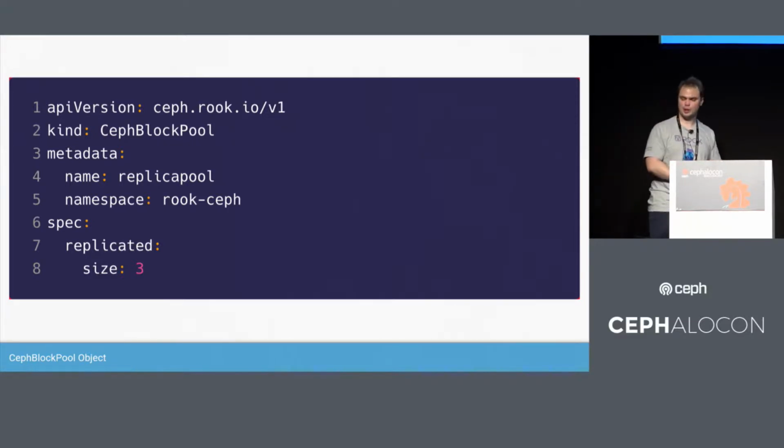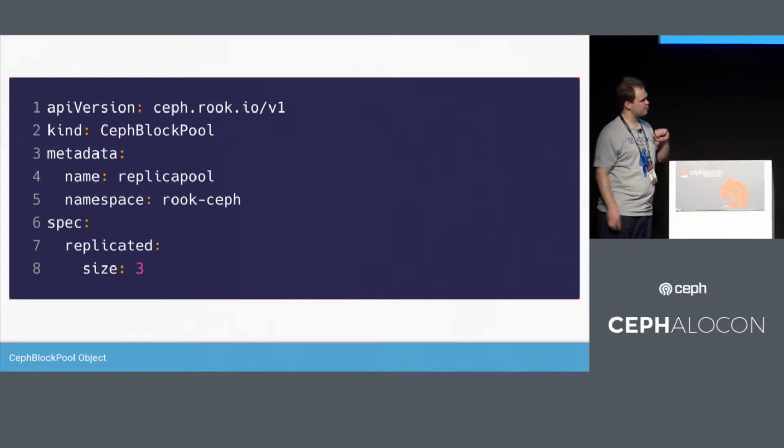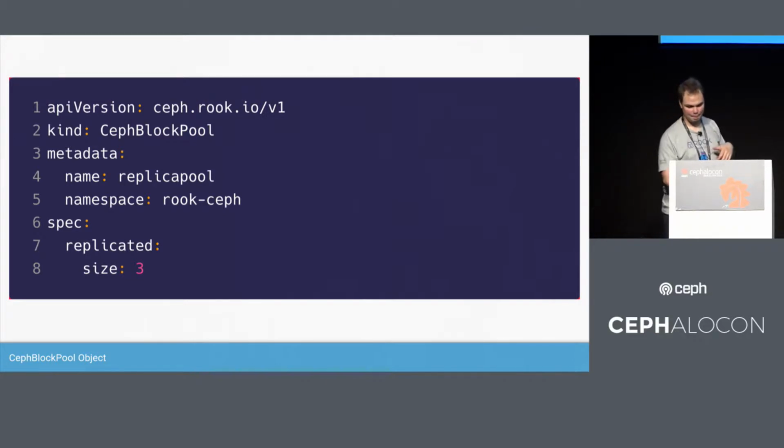We're working on getting more parameters available there. I think device class has just been merged in master, yeah. So we have already some new stuff coming up after the 1.0 release. But even if you wanted erasure coded, you could just say erasure coded and then data and the parameters for it.